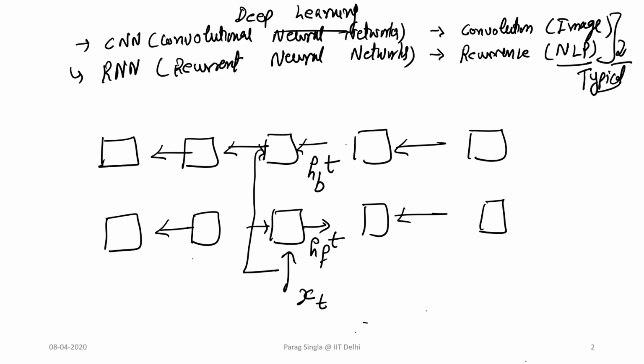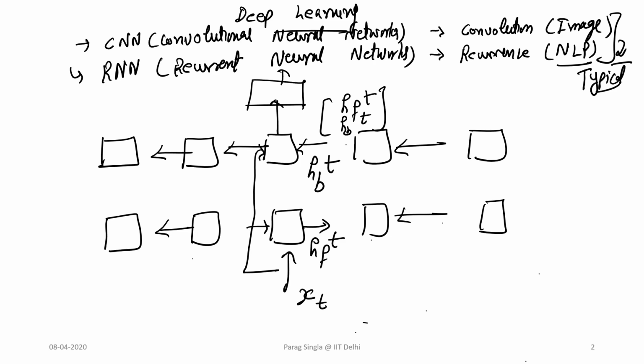And then it outputs. In fact, even before it outputs, there is a small network sitting here, which takes this entire hidden representation, h f t and h b t composed together, and passes it through another set of layers. In the simplest case, it can be simply a perceptron.